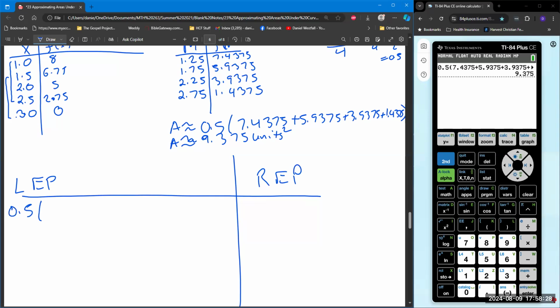So for left endpoint, I'm going to do 0.5 times 8 plus 6.75 plus 5 plus 2.75. Right endpoint is going to be 0.5 times 6.75 plus 5 plus 2.75 plus 0.